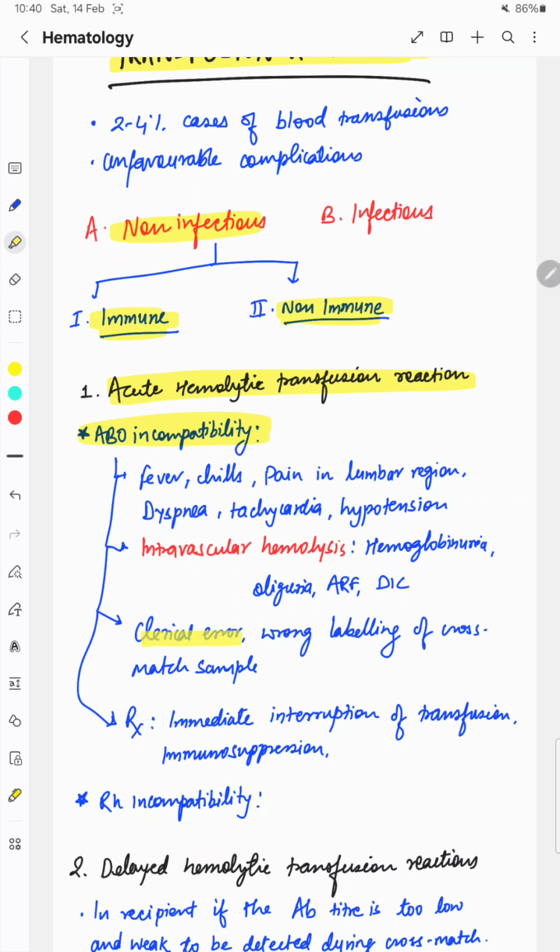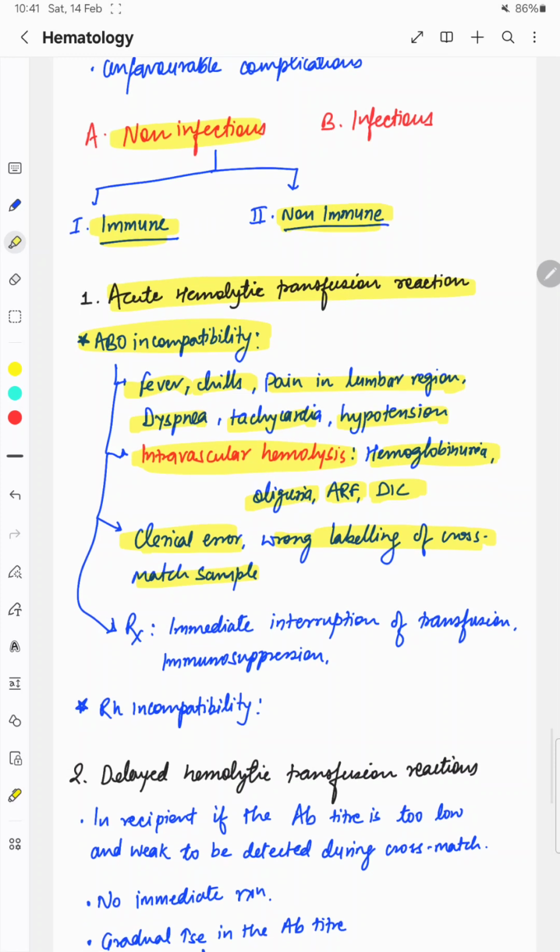This may be due to clerical error and wrong labeling of the cross-match sample. The clinical features are fever, chills, pain in the lumbar region, dyspnea, tachycardia and hypotension. This predominantly results in intravascular hemolysis, which can be detected by hemoglobinuria, oliguria, and may result in acute renal failure and in some cases disseminated intravascular coagulation.